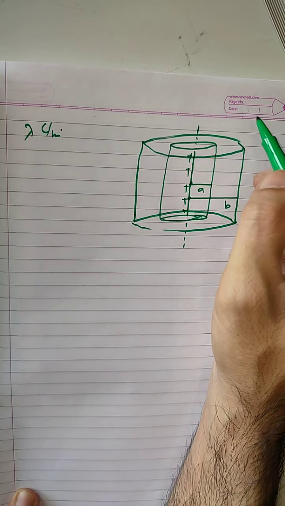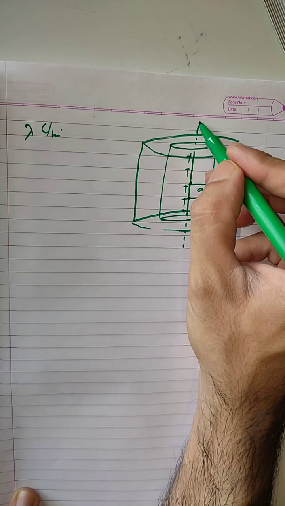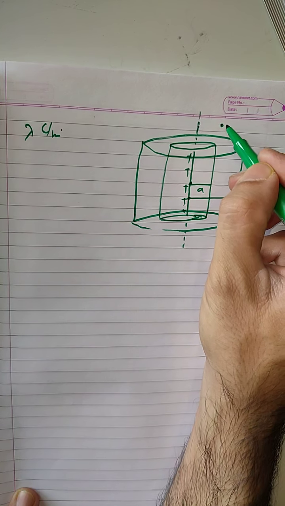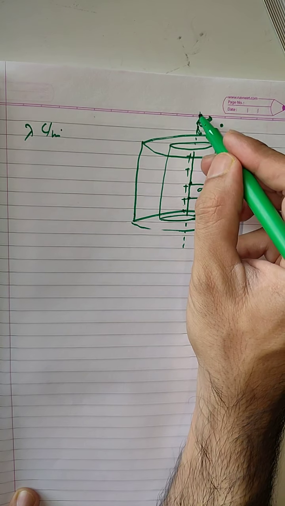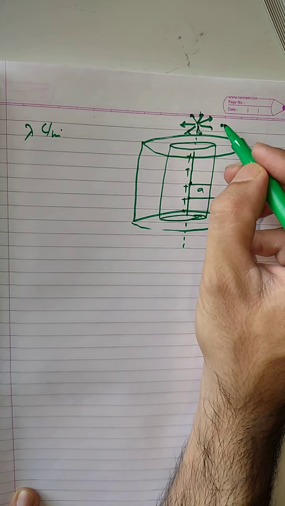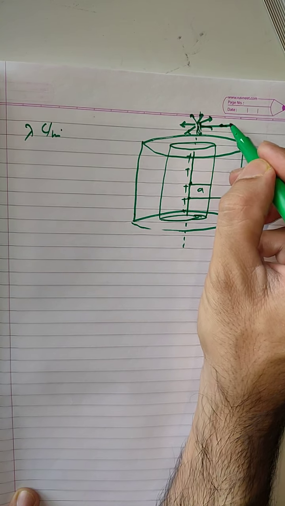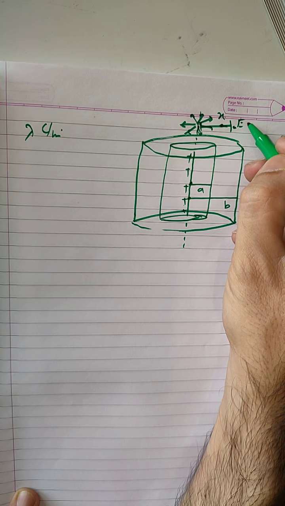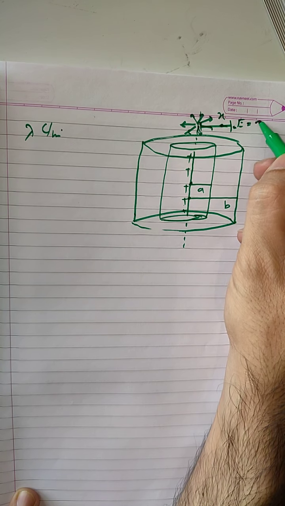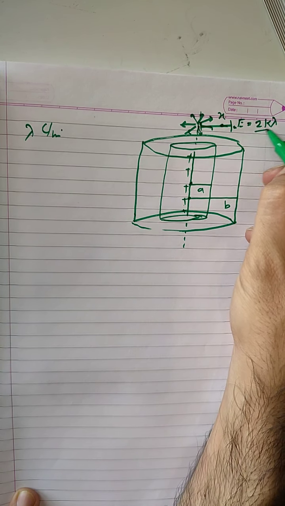Now we know that if due to this charge we have to find electric field at this point, then due to this positive charge the electric field will be in these directions, and at any distance x to this point the electric field can be given as E equals 2k lambda upon x.